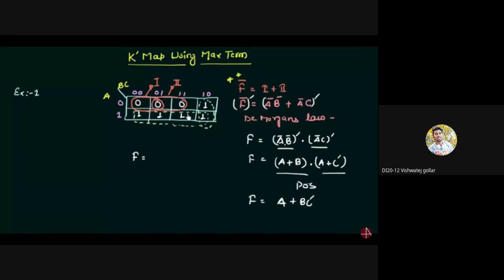So for this one, let's say this is 1, this is 2. For this one, it is A simply because both B and C are changing, and for this 2 we are having BC complement because A is changing in this group from 1 to 0.